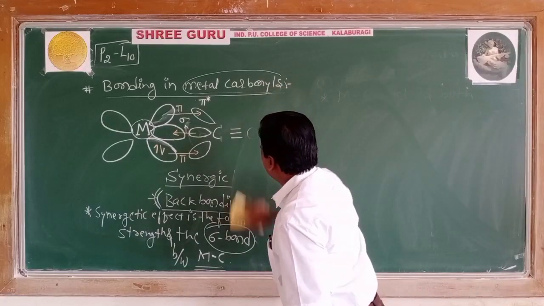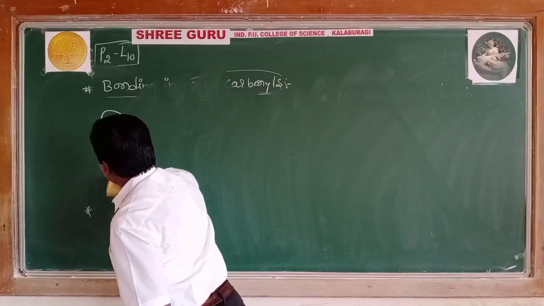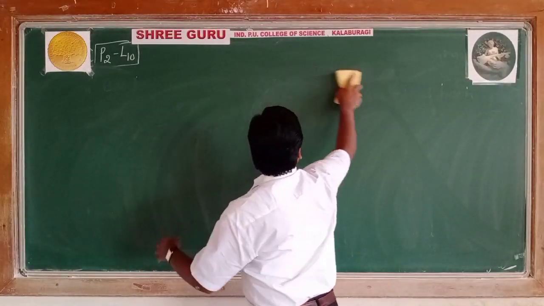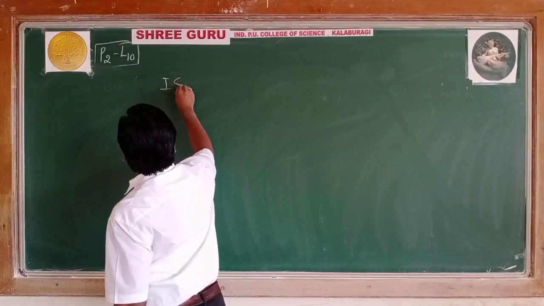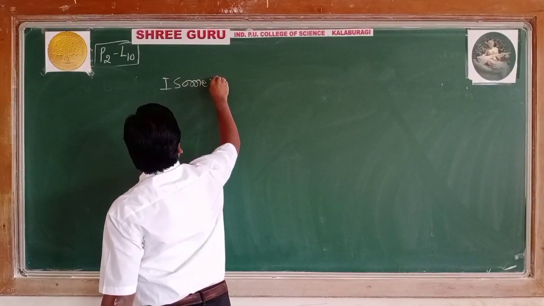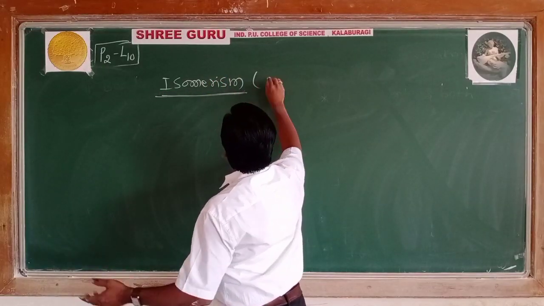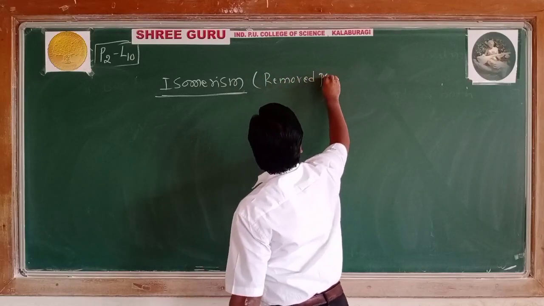Let me glance shortly or briefly over the isomerism part with the flow chart, with the help of this schematic representation. Isomerism in the coordination compounds, which is a removed part of the syllabus.